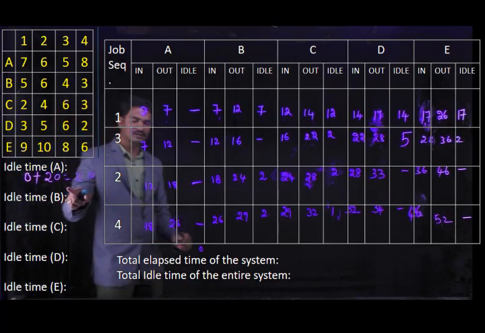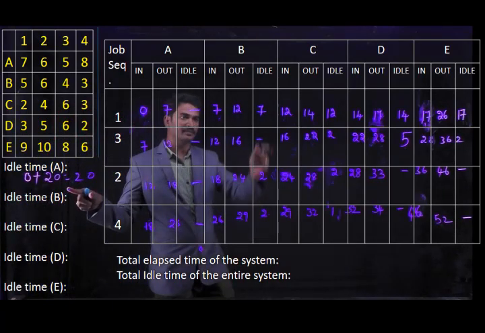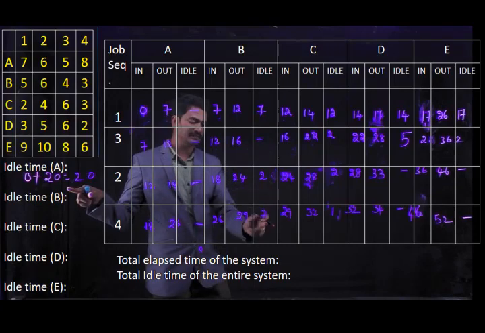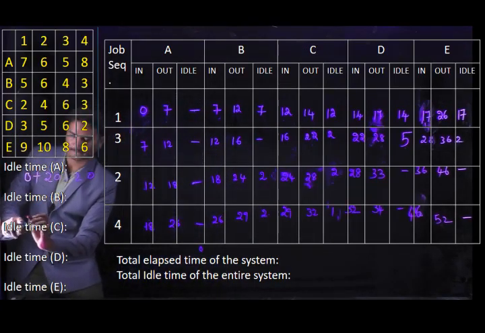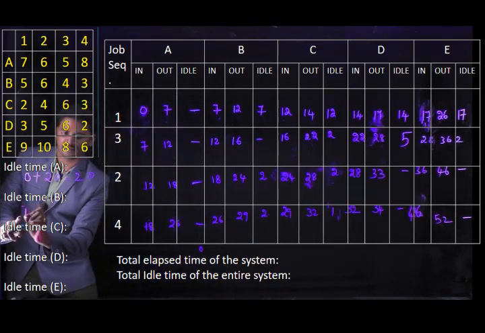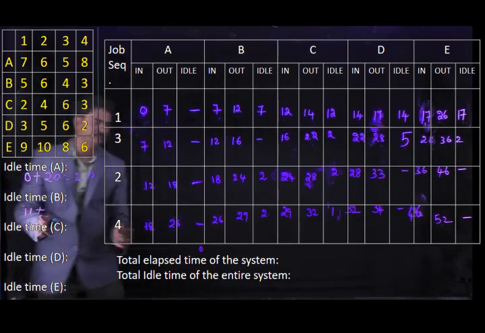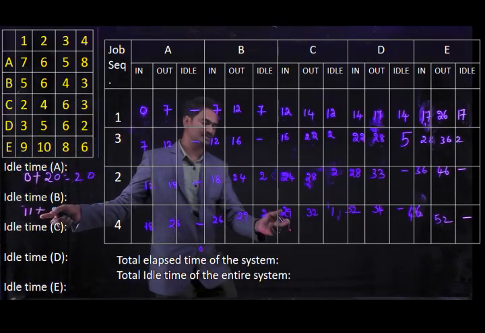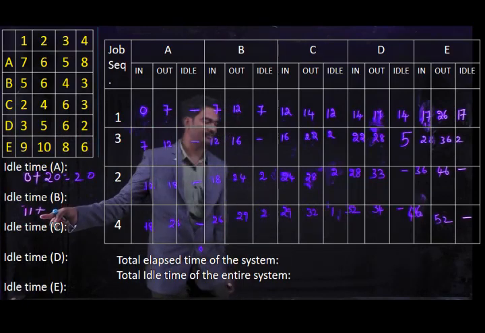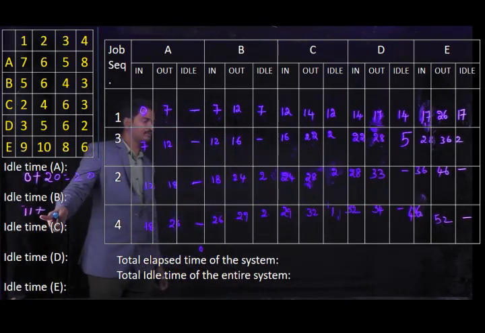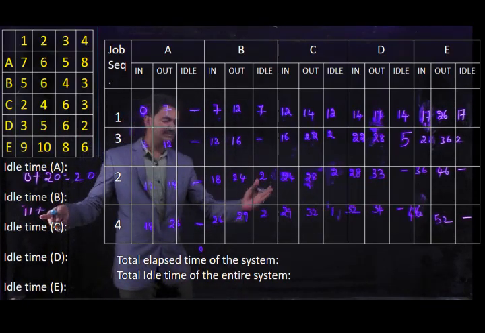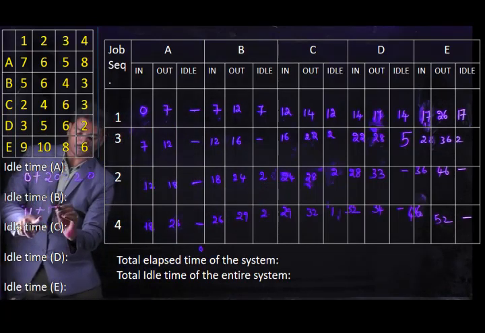Next, coming to the job B idle time. Here 7, 9, 10, 11 hours plus, here the difference between these two, 29 and 46. What is the difference? 17 is there. So the total idle time is 28.